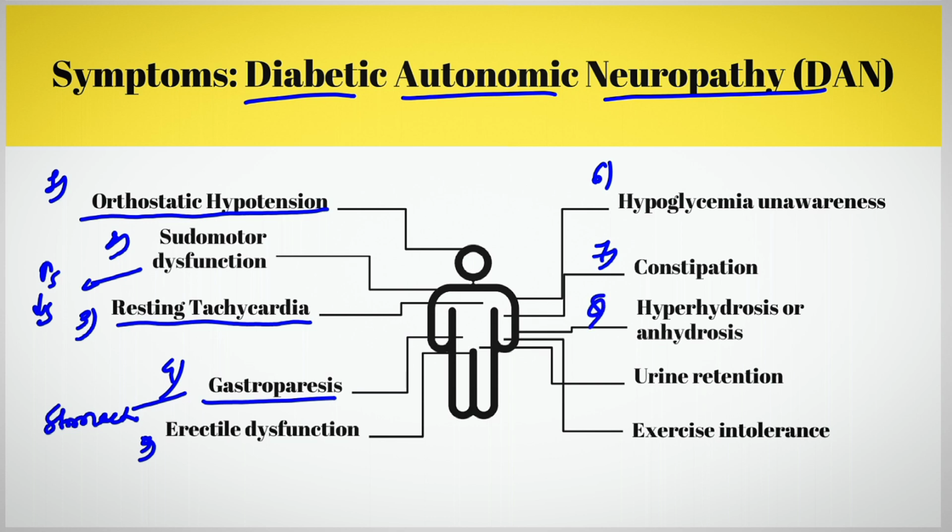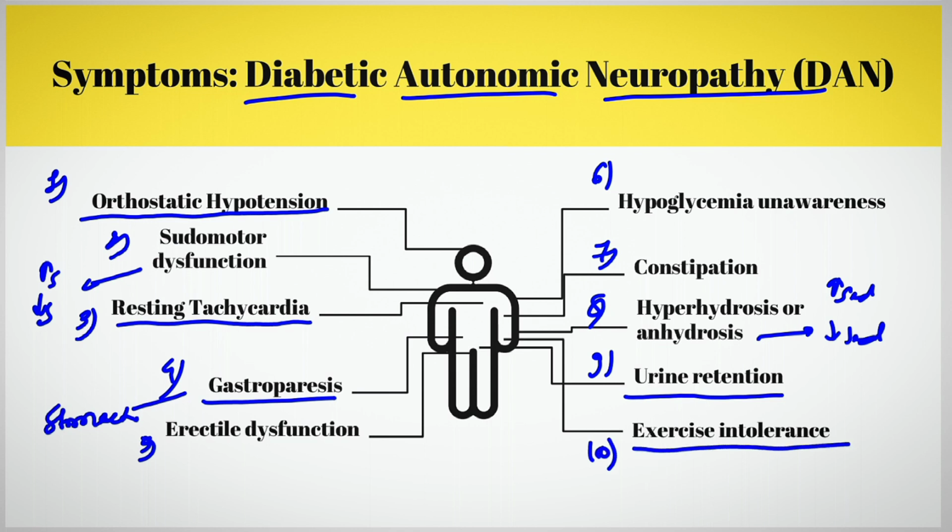Hyperhidrosis or anhidrosis, meaning increased or decreased sweating, can be there in a person. Urinary retention can be presented by the person, and exercise intolerance can also be there in such persons.